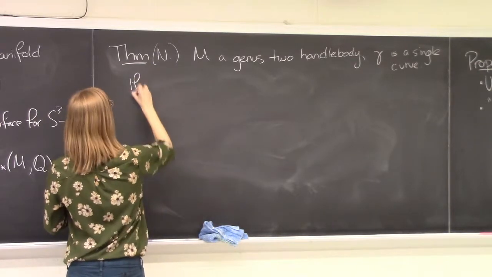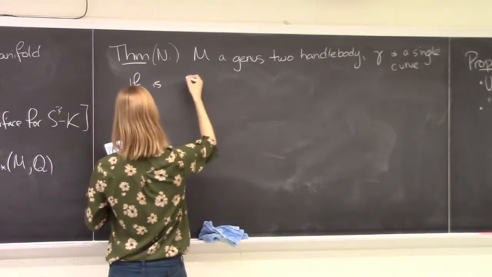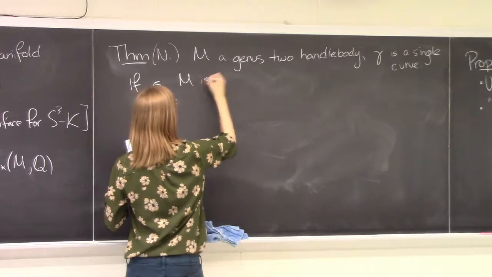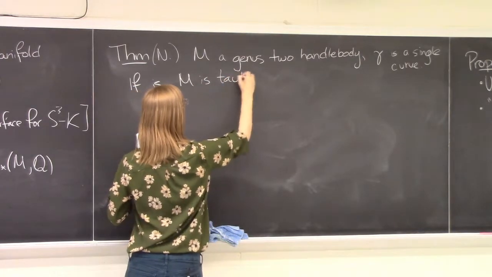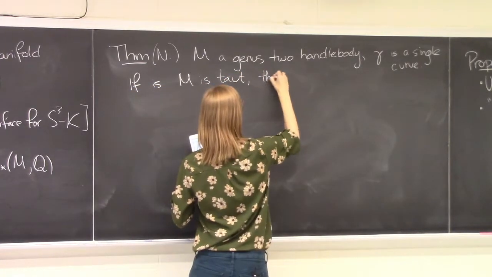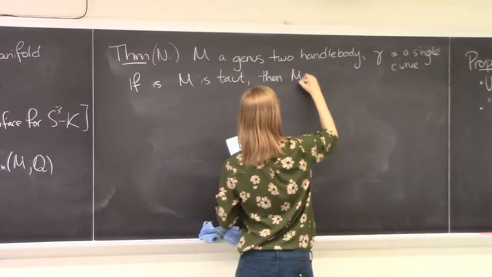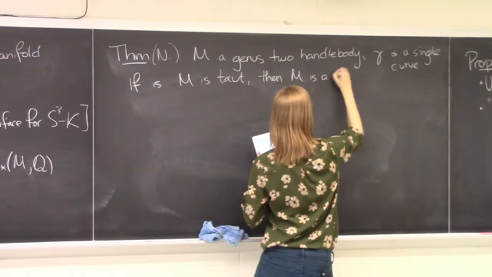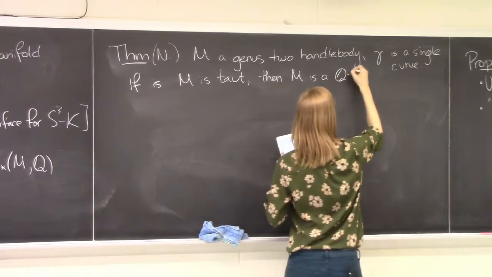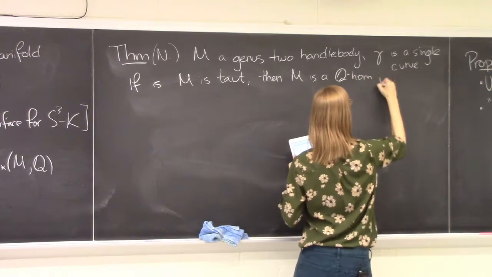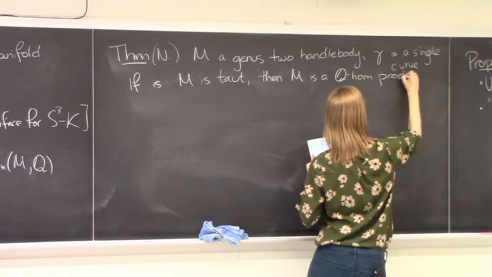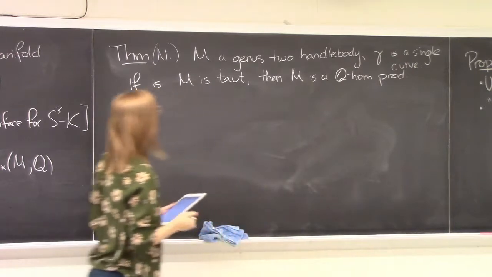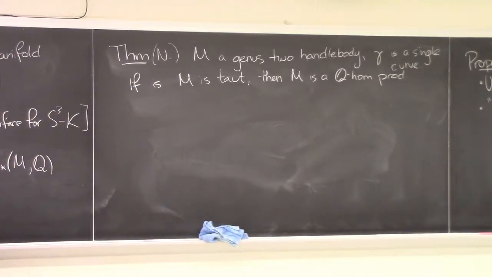So in this case, if M is taut, then in fact it's always a rational homology product. So in this case, we always get this isomorphism on homology.